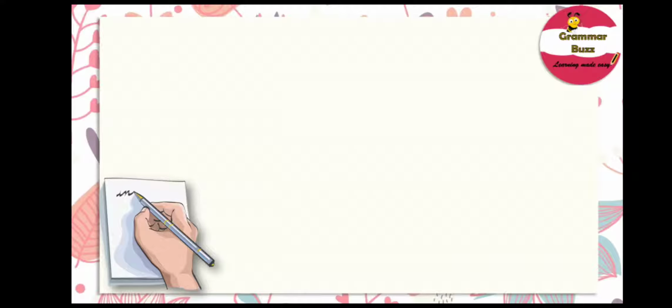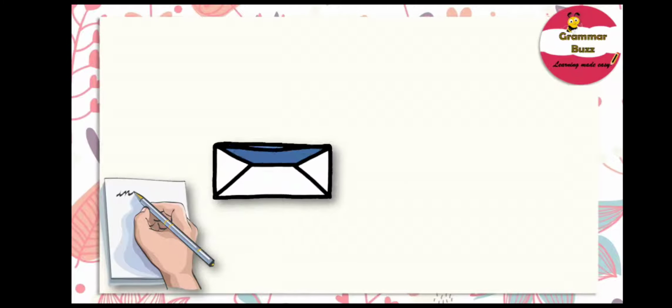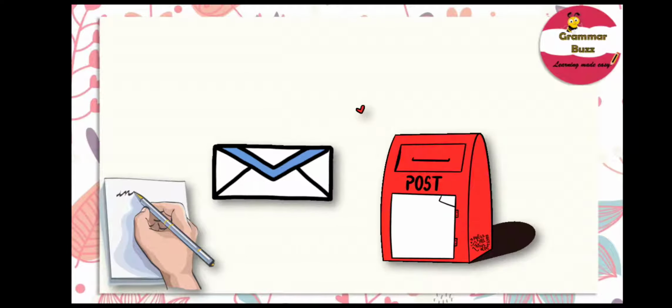Supposing a person wants to send a message to another person, then what will he do? He will write the message on a piece of paper. This piece of paper is called a letter. Next, he will put the letter in an envelope with the address of the receiver written on top of it. Then, he will deliver the letter to a post office or the post box.